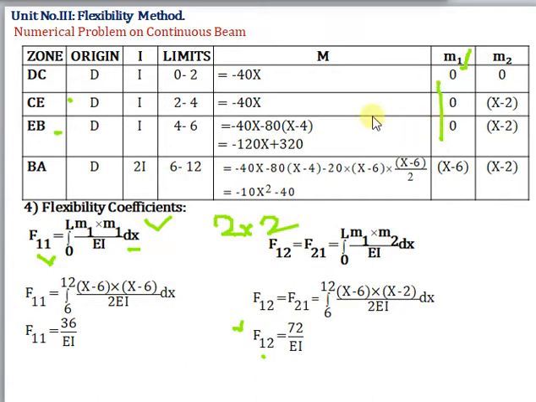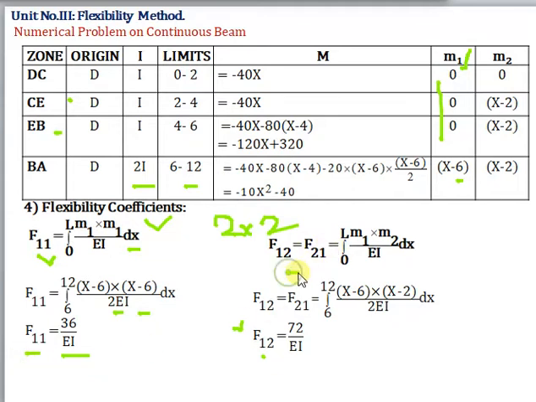So no need to consider these three zones because it will come out to be 0. Directly move toward the last zone. So m1 into m1 for the last zone, 2I is the moment of inertia, and integrate from 6 to 12. (x minus 6) into (x minus 6) divided by 2EI into dx becomes 36 divided by EI. This is the value of the first coefficient f11.